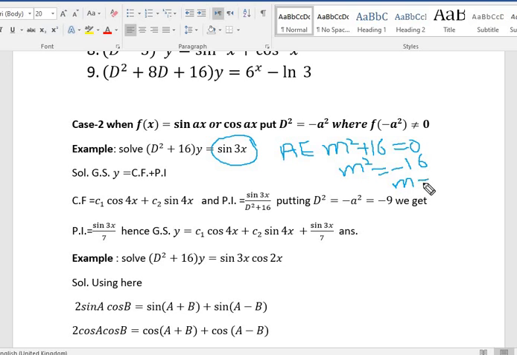So m equals 0 plus or minus the square root of minus 16, which means m equals 0 plus or minus 4i.